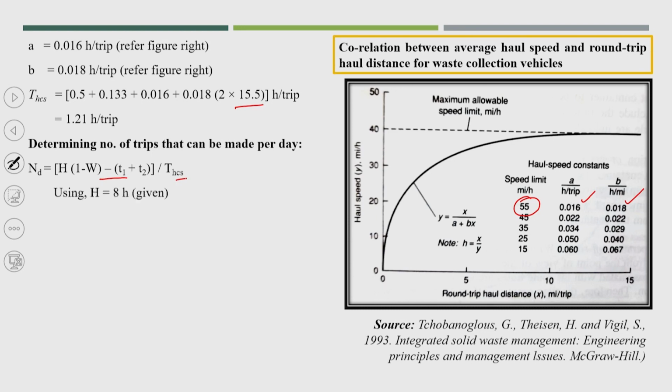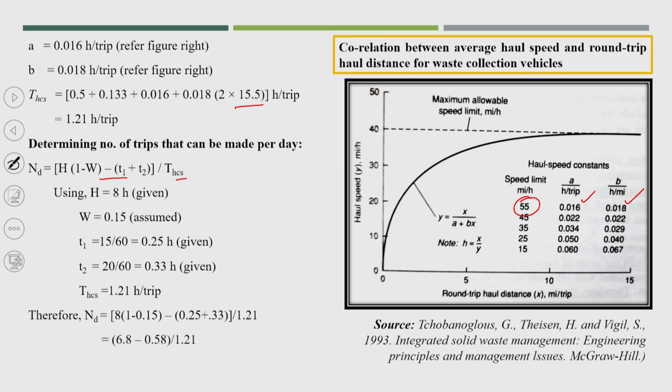H is given, the 8 hour work time, W we assumed 0.15, T1 is given as 15 minutes, which we converted to hours, 0.25 hour, T2 is given as 20 minutes, which we converted to 0.33 hour, and TSCS we calculated as 1.21 hour per trip.